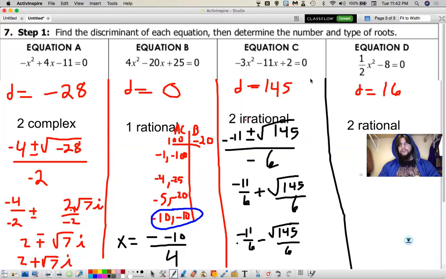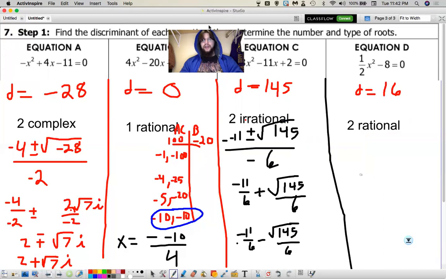And this last one again is factorable, so we can use factoring or the AC shortcut. So AC, that adds up to B. Let's find it out. 1/2 times -8 is -4. B is 0, so it's got to be positive and negative. How about 2 and 2, one of them being negative? There it is.